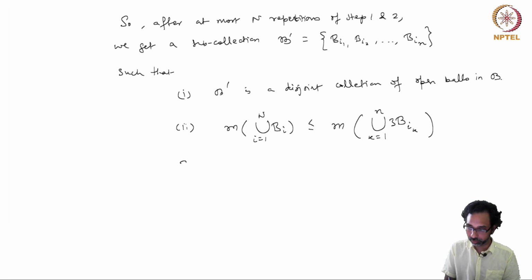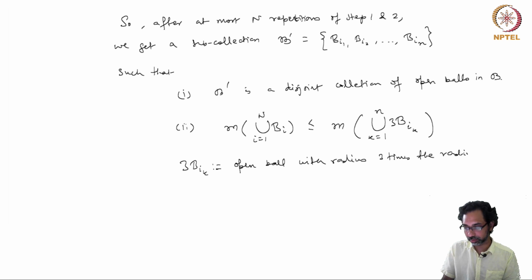So 3 bik is the open ball with radius 3 times the radius of bik and same center.